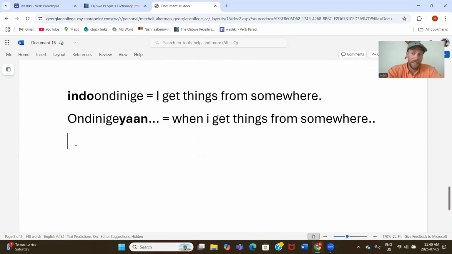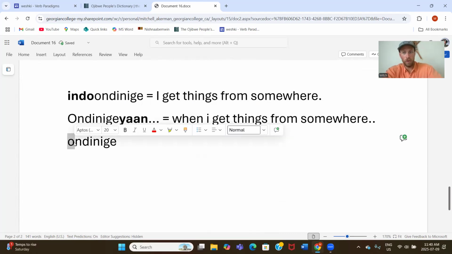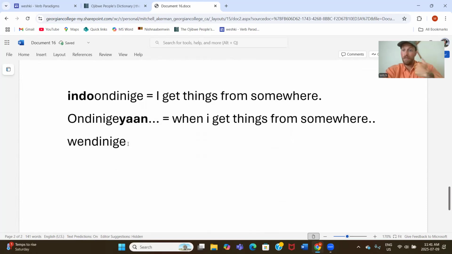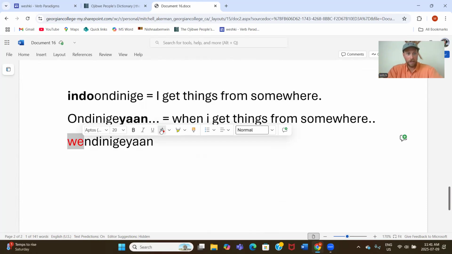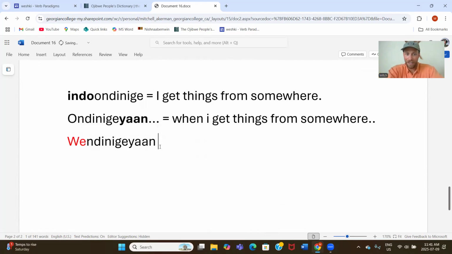Now let's take it all the way to C form. We have undinige, and we go through our two steps. Initial change: up at the front, we have an O, and O becomes WE. And then it's still me at the end, so it's yawn, because we need initial change and conjunct ending. We do something at the front and the back. So, when dinige yawn.